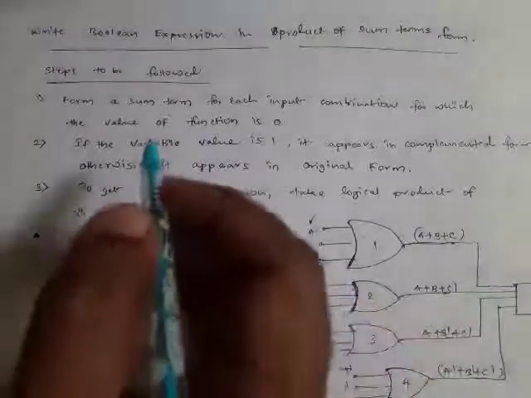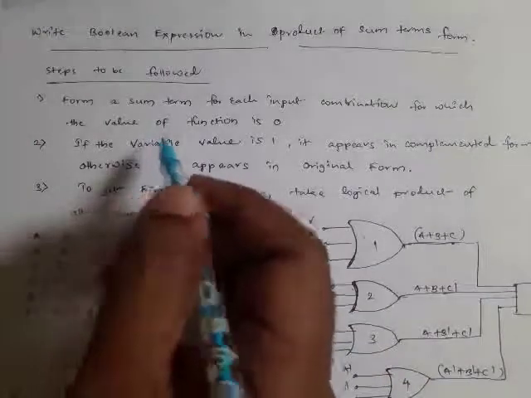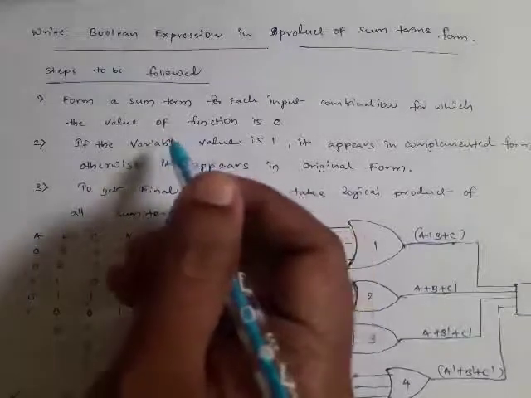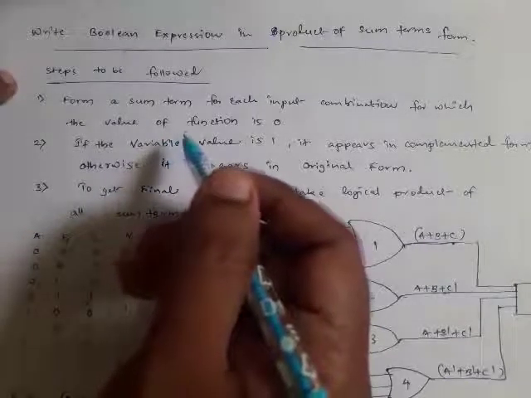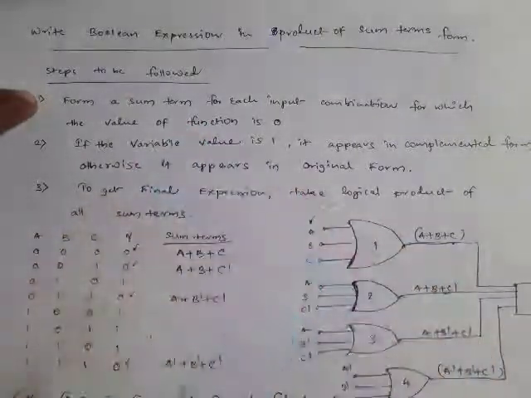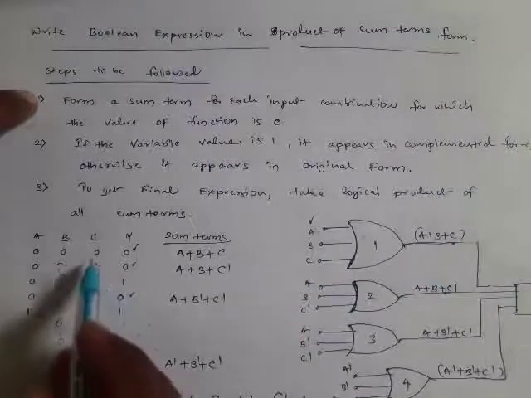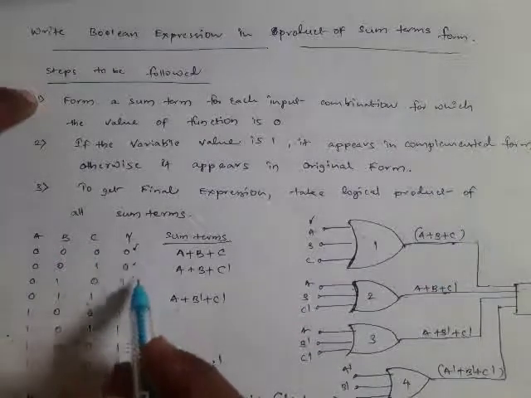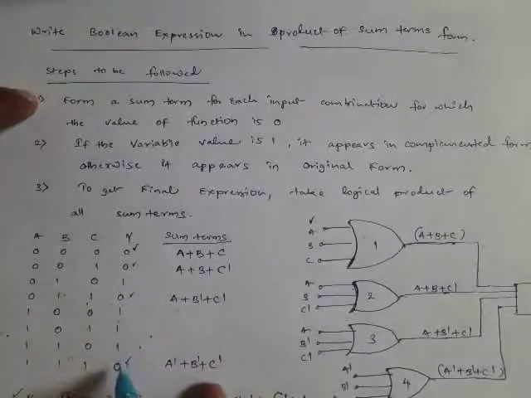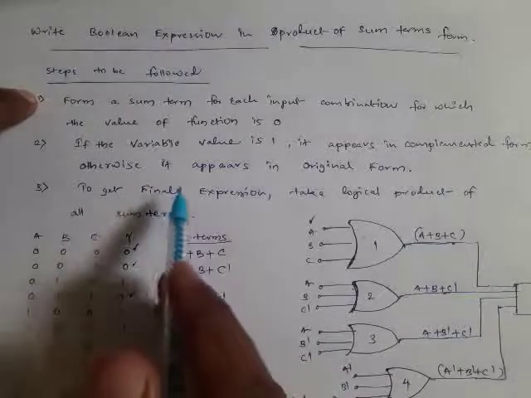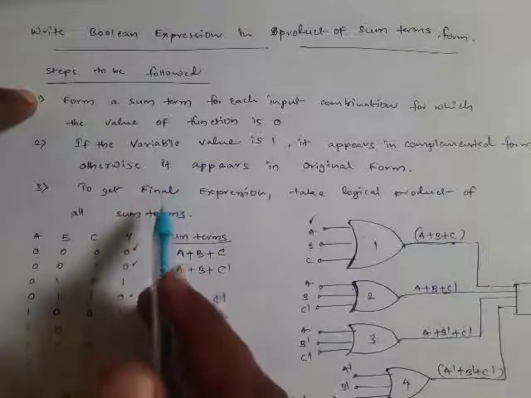And here we have shown in detail the steps how to obtain the expression in product of sums form. So when you want to obtain the expression in product of sums form, here we have given an example function where all the input combinations are shown, and for each combination we have shown the value of the function.